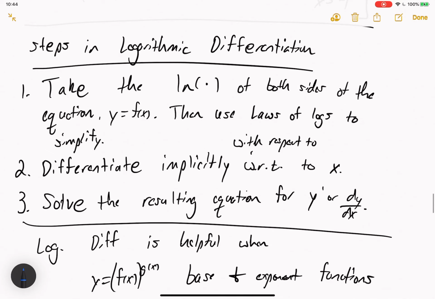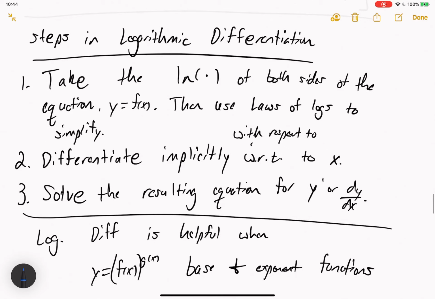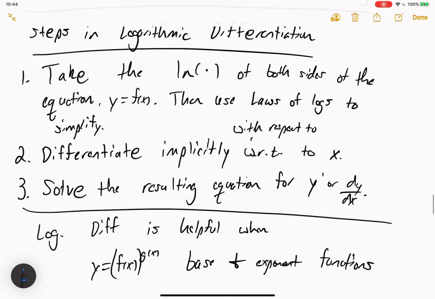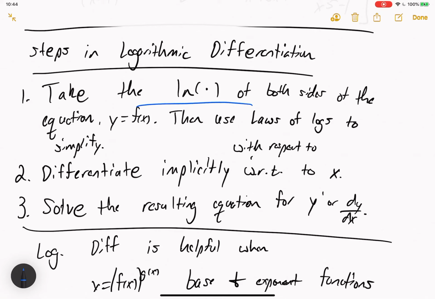So there are some steps to do in logarithmic differentiation, and this is kind of like what I've just said. What you do is take the ln of both sides of the equation y is equal to f of x. Then we use the laws of logs to simplify. It's basically what we did beforehand.